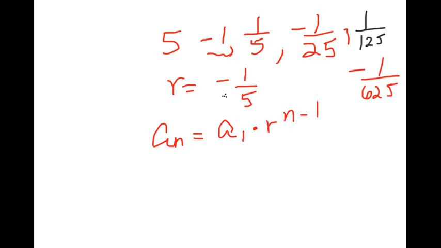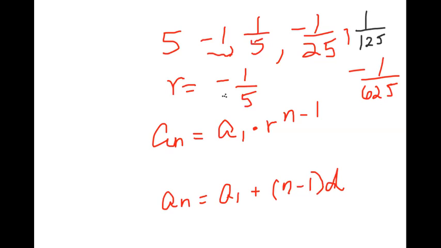And some of you may be wondering, well, how do I differentiate the geometric versus the arithmetic formula? See, guys, in the geometric formula, we have the R value in there, and it's multiplication. And with the arithmetic formula, it's AN equals A1 plus N minus 1 times D. And that D value there is the common difference.